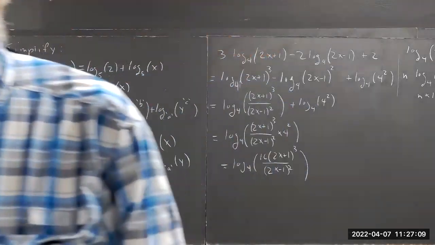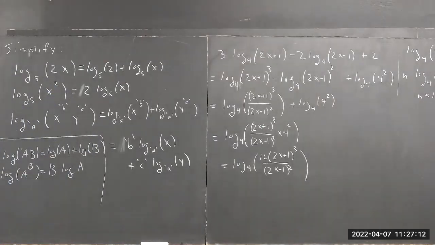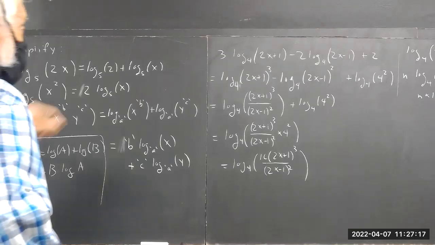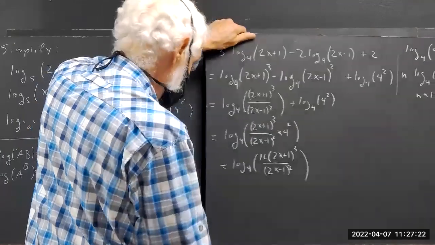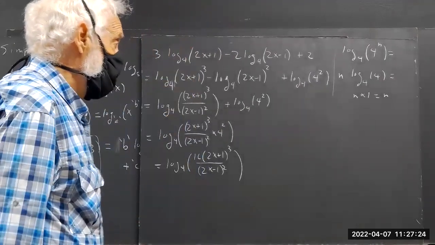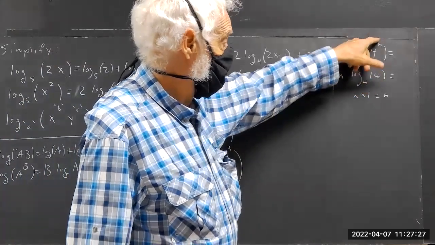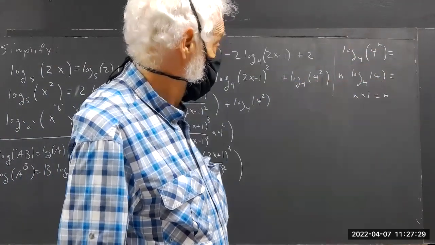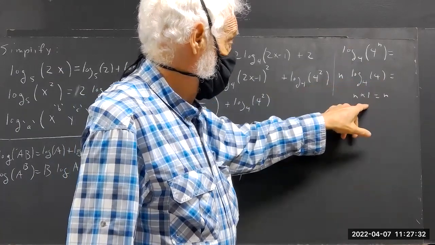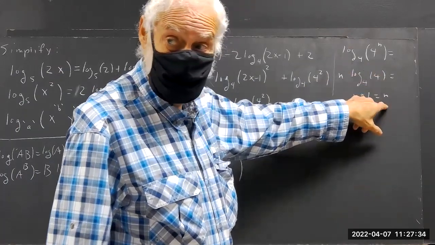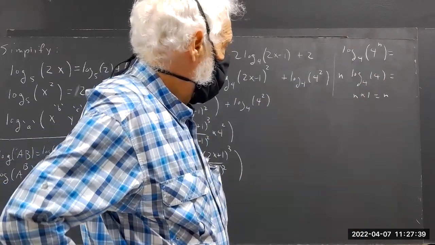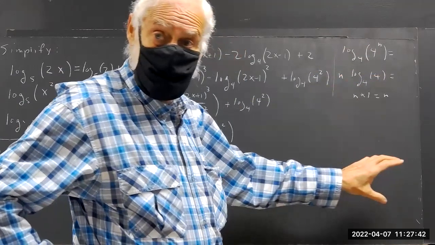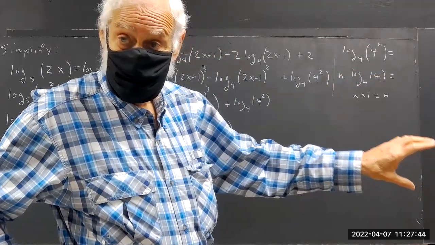Okay, everybody seems to have done well on the quiz. And all the stuff that I wrote over here on the right comes out. But it came down to this: log base 4 of 4 to the n is n log base 4 of 4. And that's n times 1, because log base 4 of 4 is 1. That's okay. And I played around with a couple of examples of how we do this.